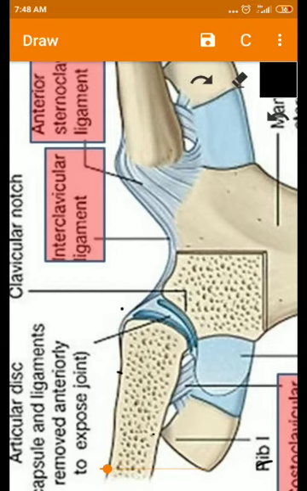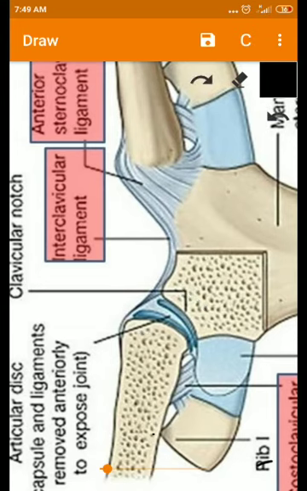Because of this, the capsule is giving support to the manubrium as well as the clavicle, so it is considered under ligaments.